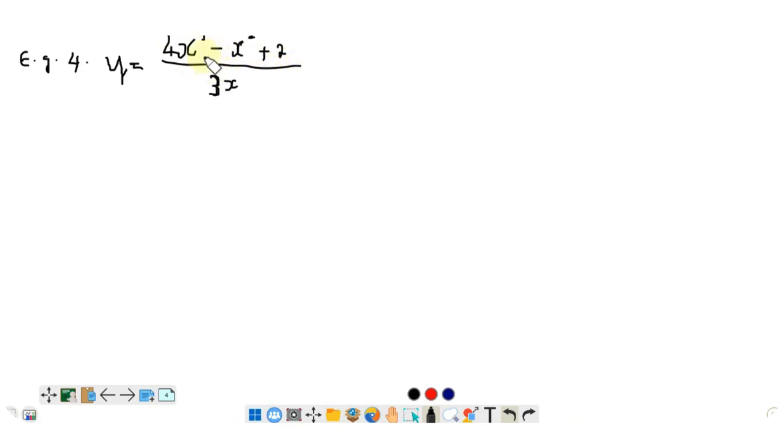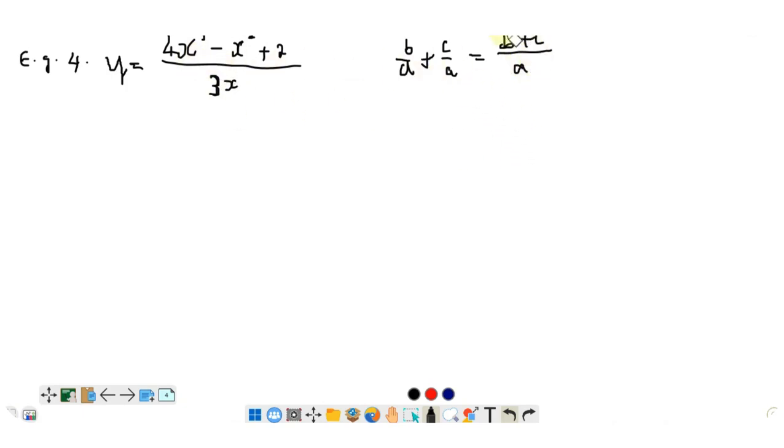Remember, b over a plus c over a can be written as b plus c all over a, because the denominators are the same, so you can combine the fractions. This is what they did.